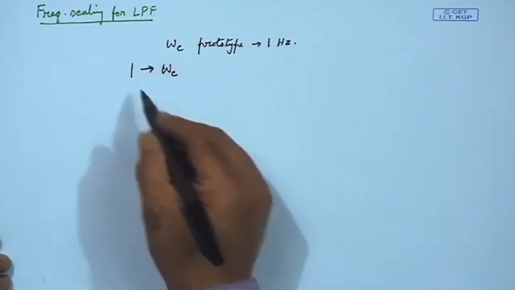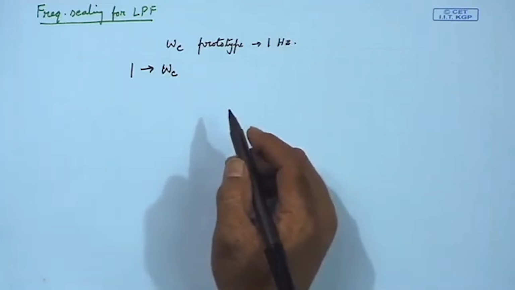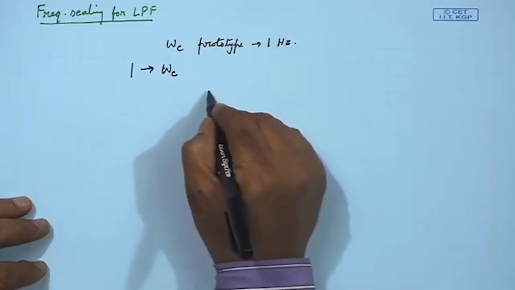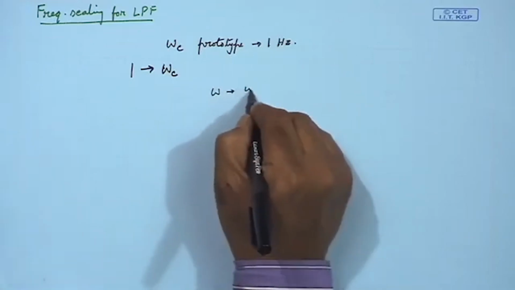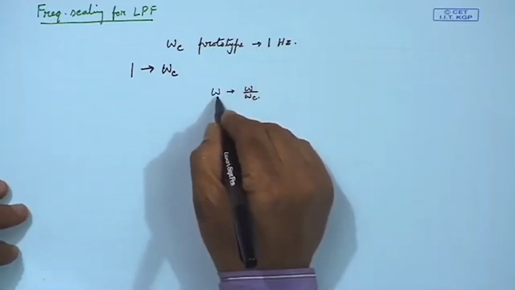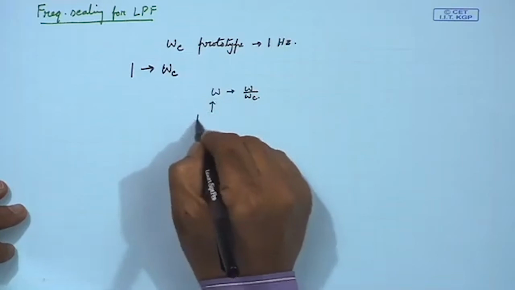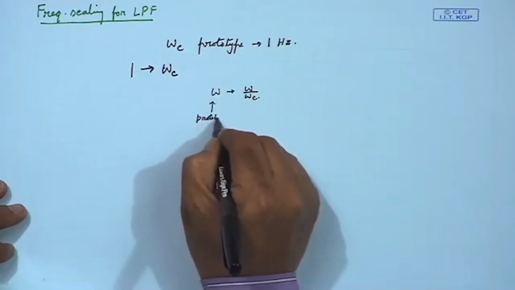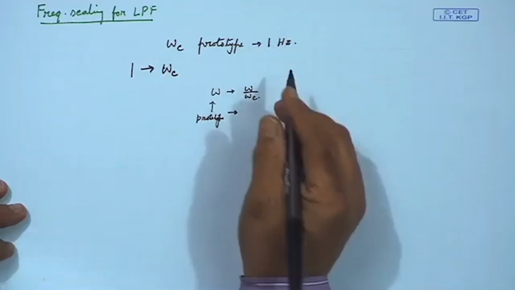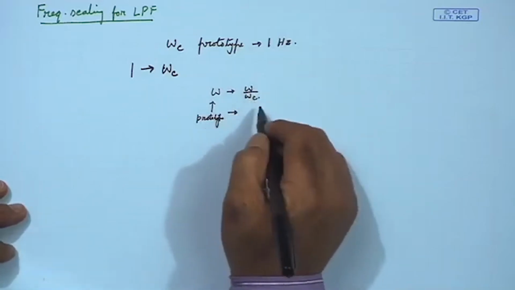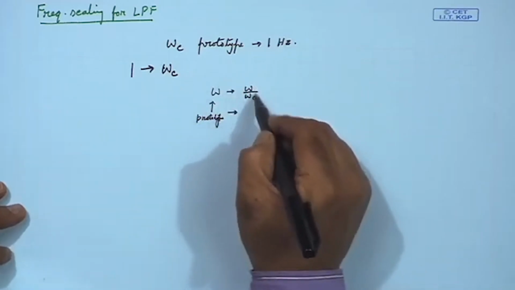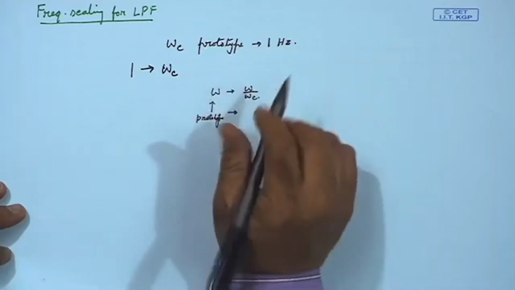That means we need to replace omega in the prototype by omega by omega c; only then will the cutoff frequency change, because the prototype cutoff is 1. You see, when omega is equal to omega c, this thing again becomes 1. That is the scaling.